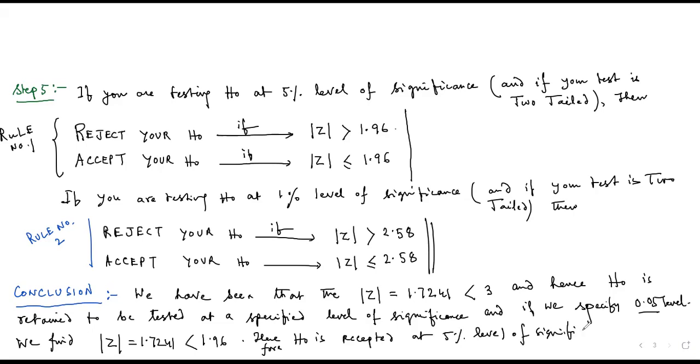Not only this, if you fix 1% level of significance, you will find that 1.7241 is also less than 2.58. Because it is less than 1.96, it is also less than 2.58. Therefore, at both levels of significance, your null hypothesis is being accepted.